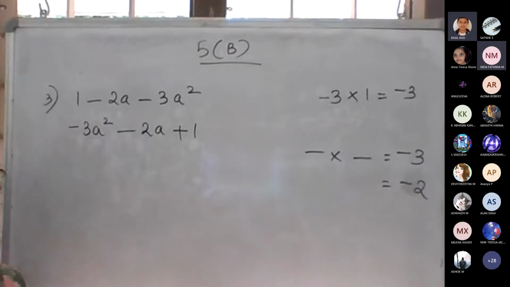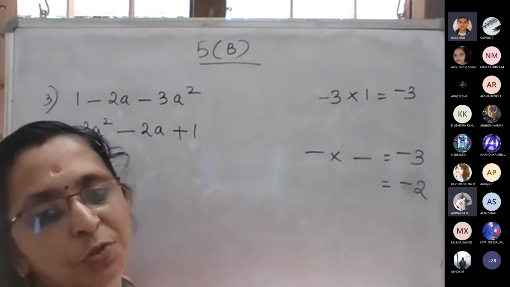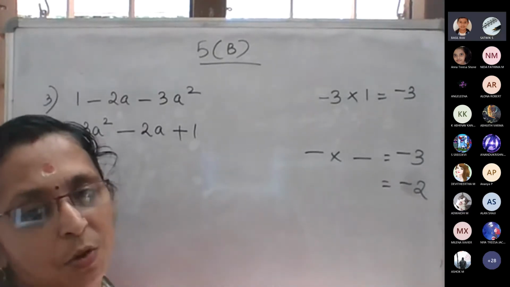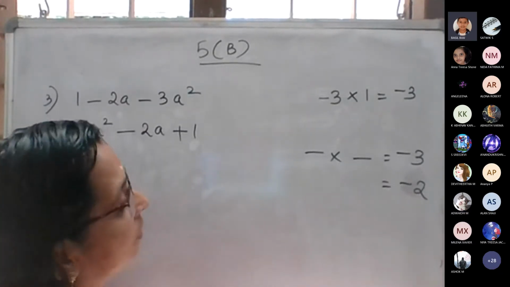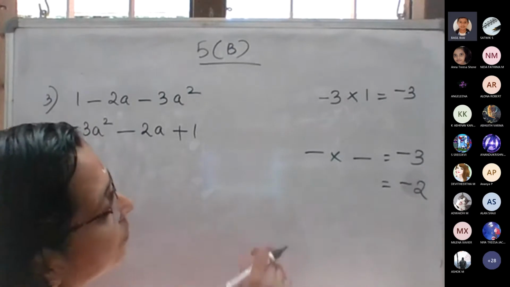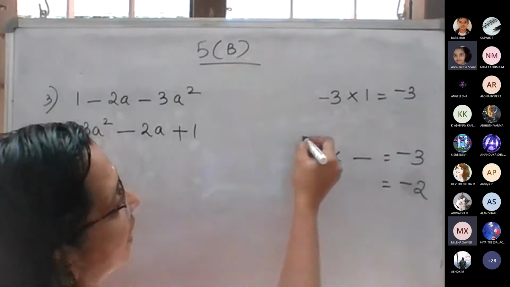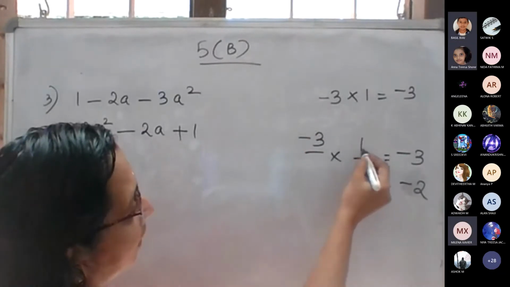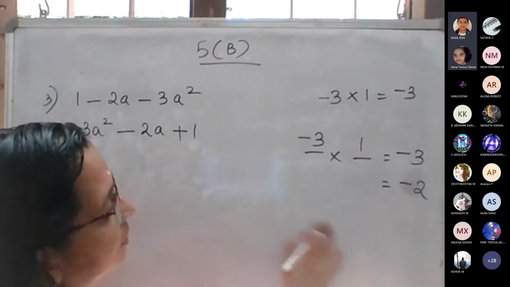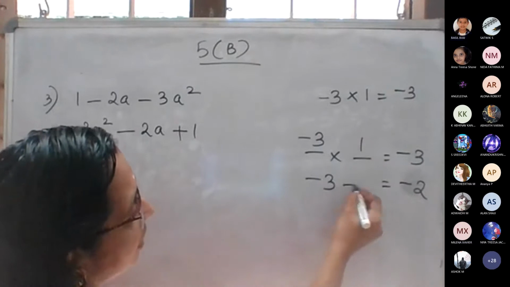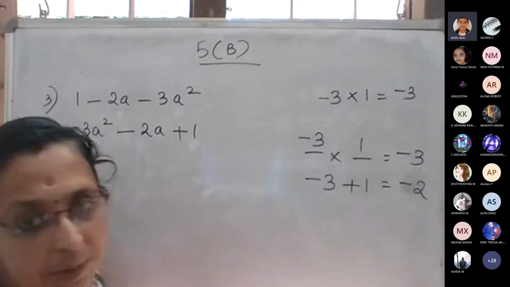No need of factorization. 3 means only one possibility, 3 into 1.